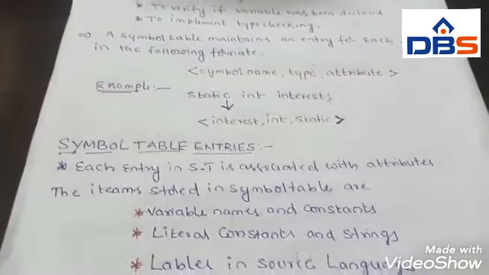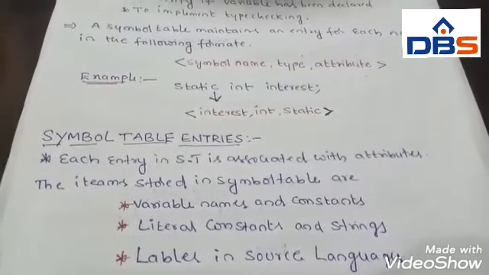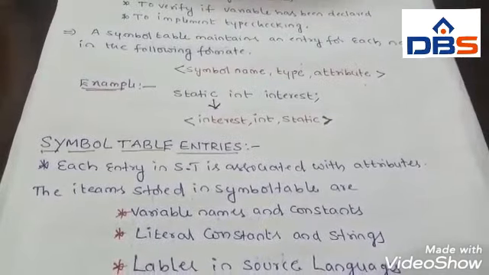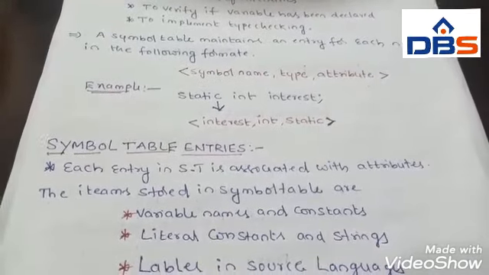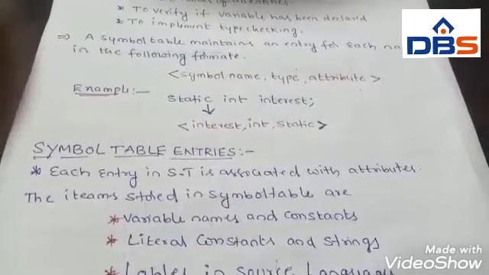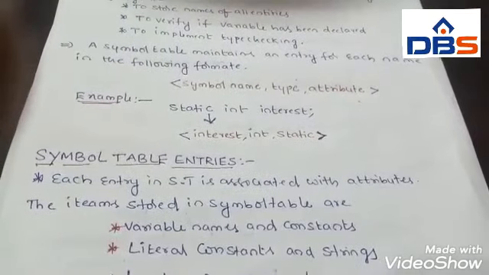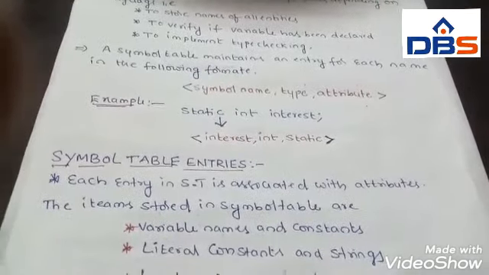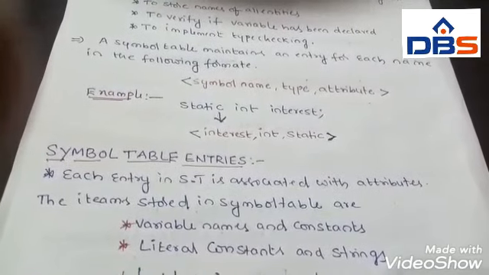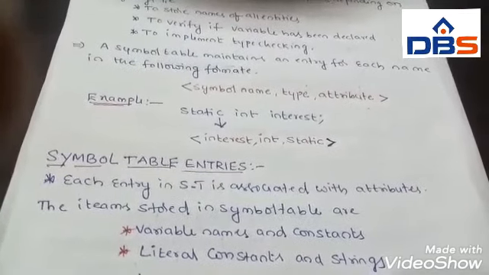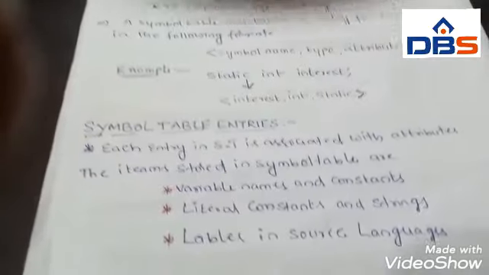The items are variable names and constants, procedure and function names, literal constants and strings, and also compiler generated temporaries. Next one is labels in the source program.